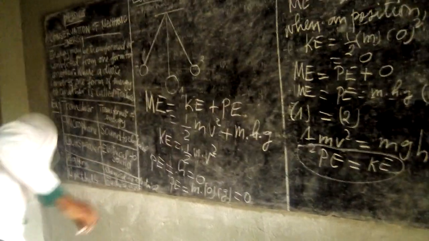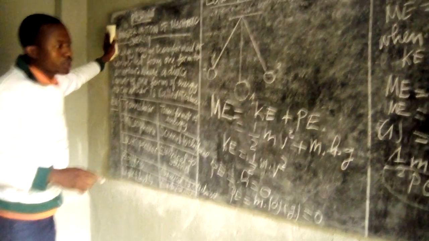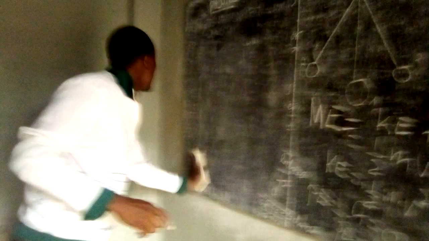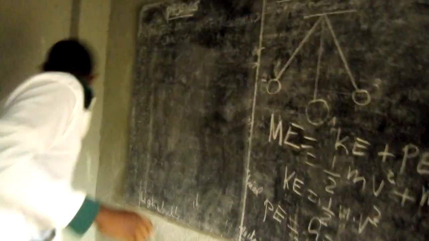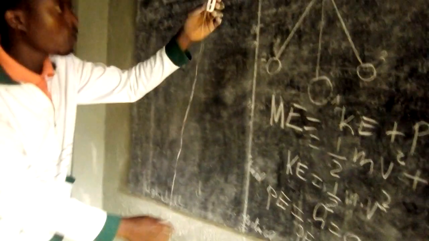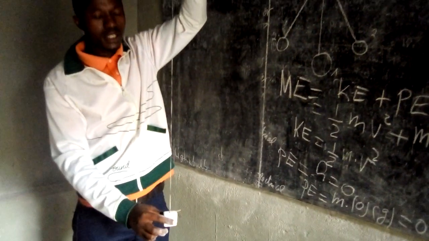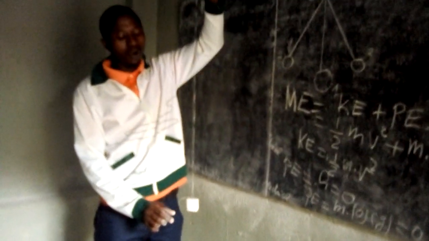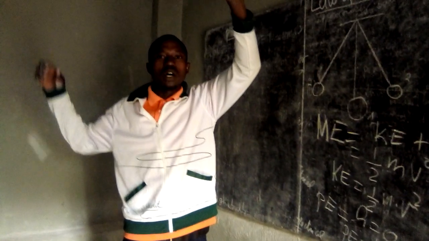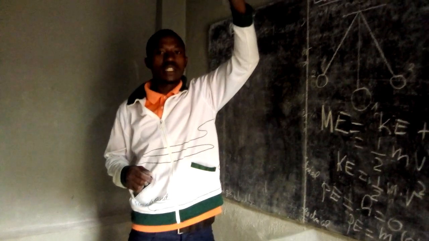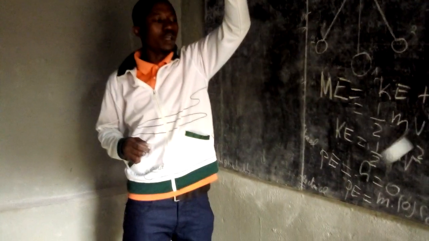Let's continue with the experiment of mechanical energy. When we want to explain mechanical energy with a simple pendulum, for example, this is a bob, and when you move it, this is conservation of mechanical energy.